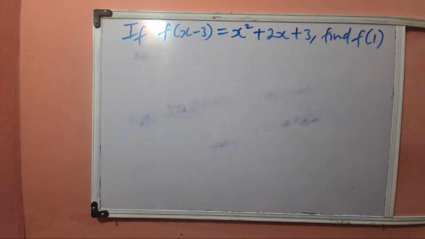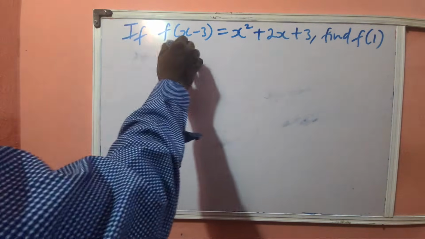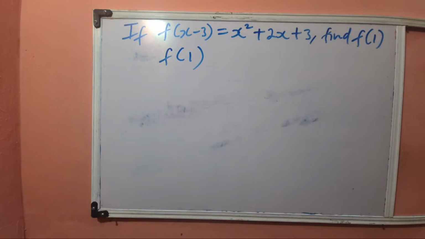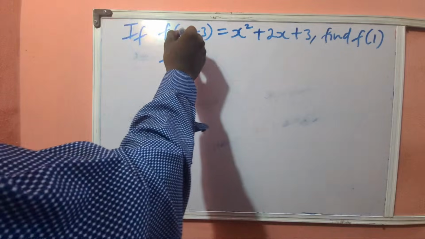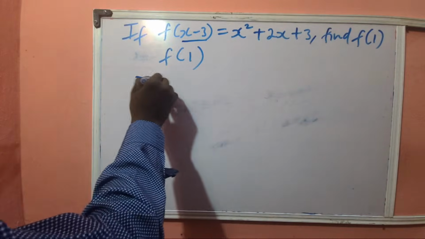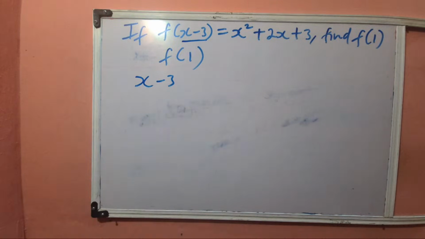You are told to find f(1). Now, what do you have to do? If you look at these two things, you can see that to find the value of f(1), in this function we had x minus 3 as our argument.